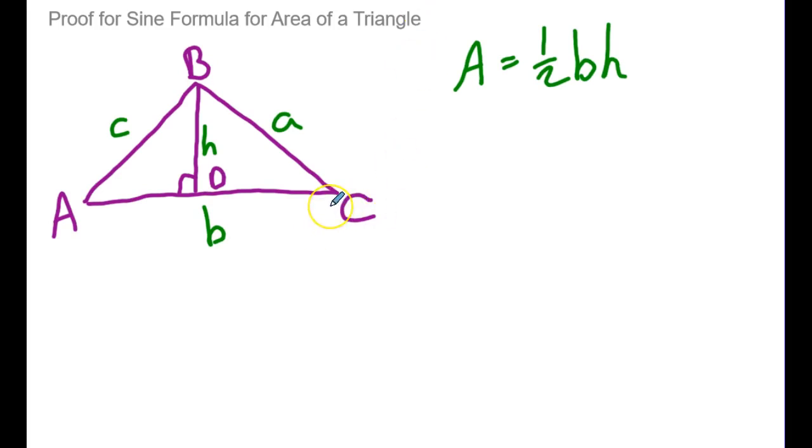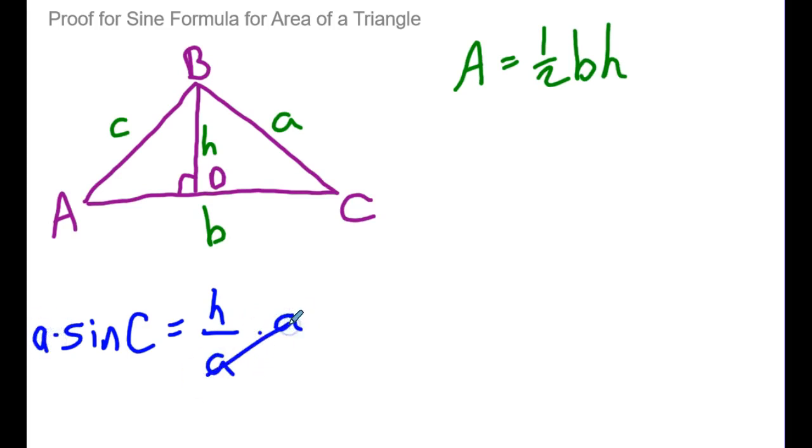Sine of C is going to be equal to h, which is the opposite side, over the hypotenuse, which is a. If I want to isolate h, I'd multiply both sides of this equation by a, and the simplified form is a sine C is equal to h.